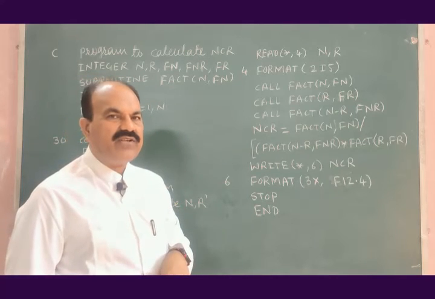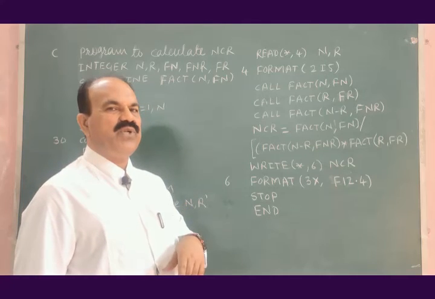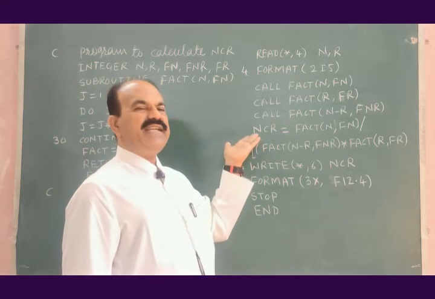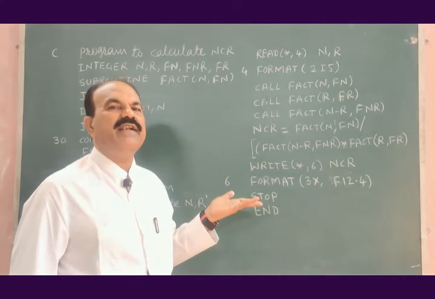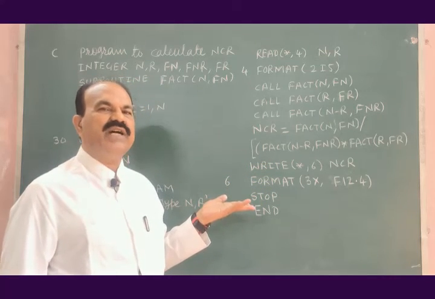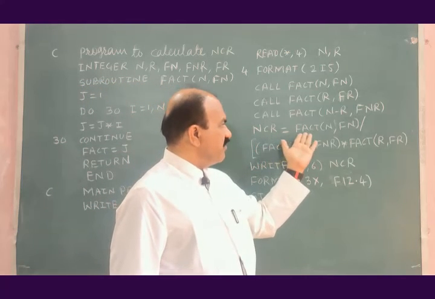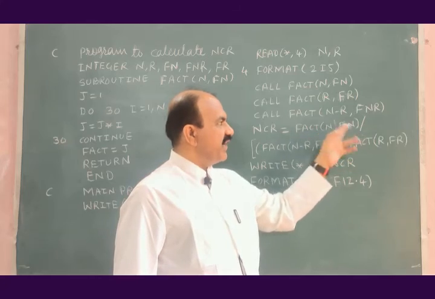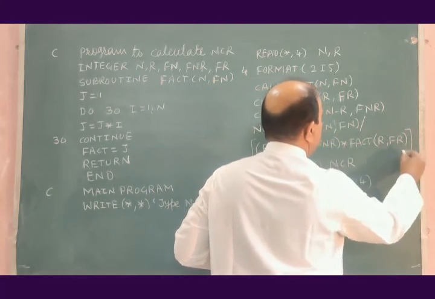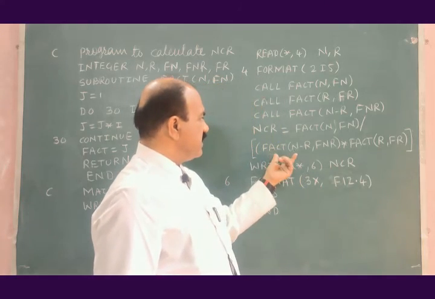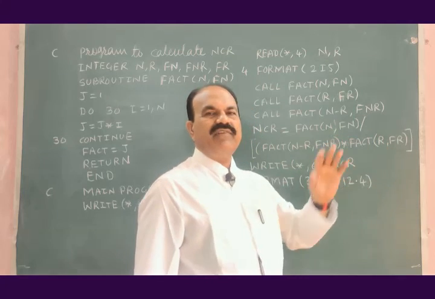After getting n factorial, n minus r factorial and r factorial, it is easy to find NCR, because NCR is n factorial divided by n minus r factorial into r factorial. That is, NCR is equal to n factorial divided by, in this square bracket, n minus r factorial into r factorial.